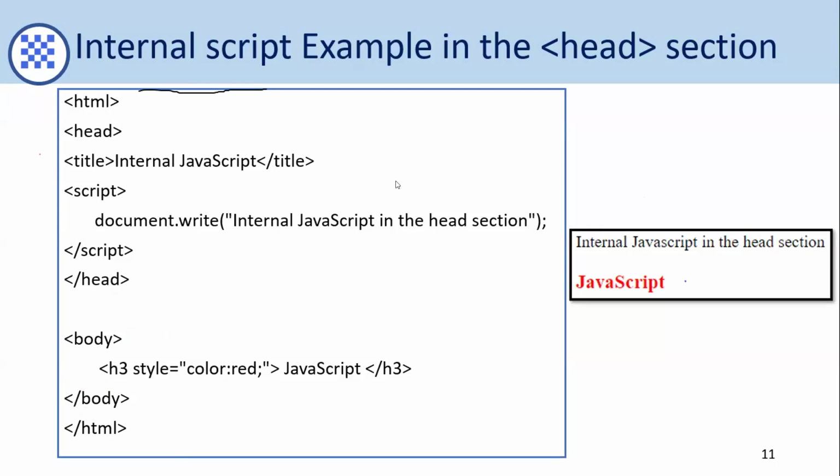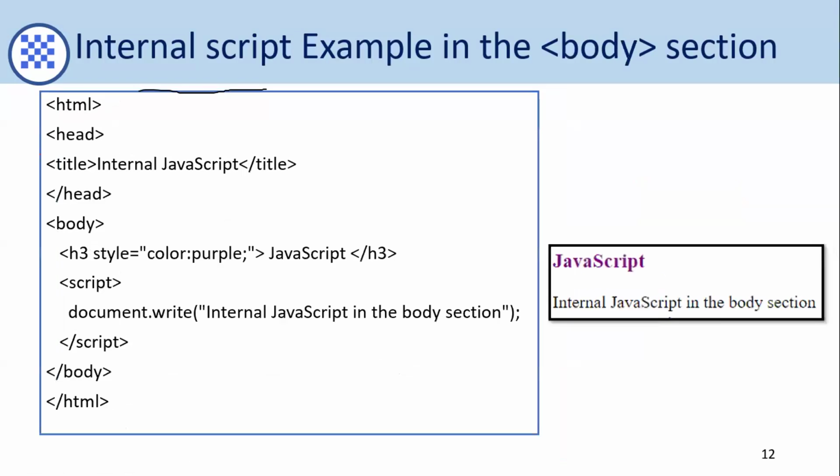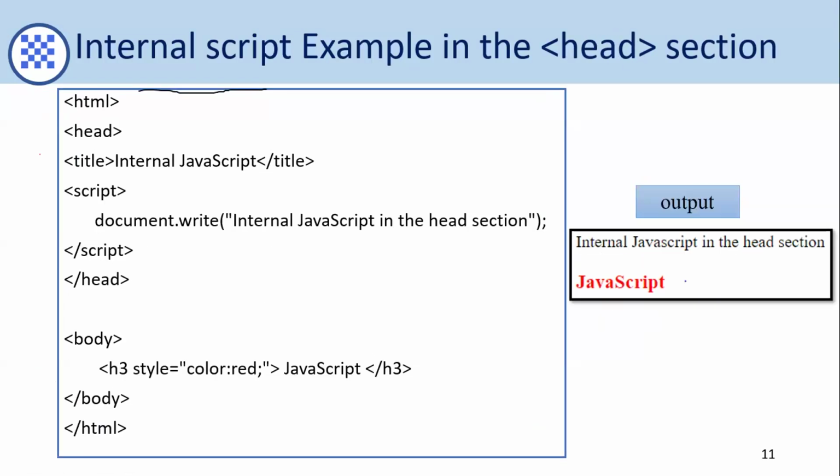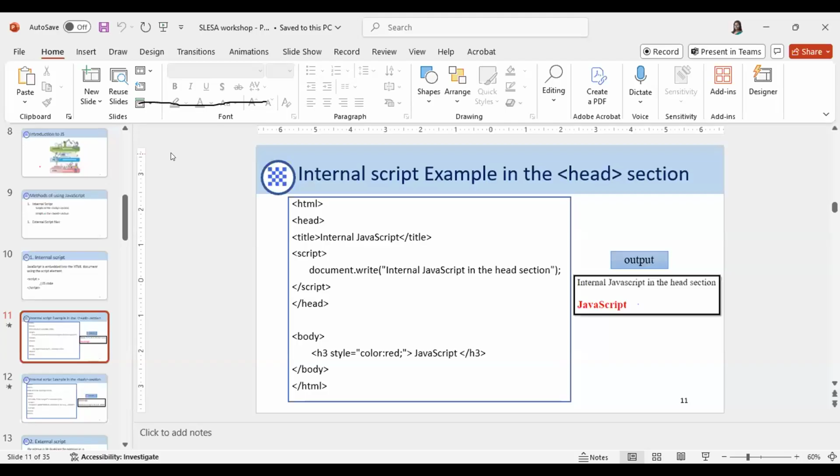That is what we will obtain once we do this. After that, we can move to the next example, JavaScript code inside the body section. We'll do both one by one, starting with the first example. Meanwhile, if you have any questions, you can ask now before we move forward.